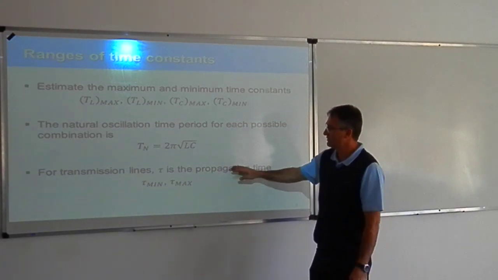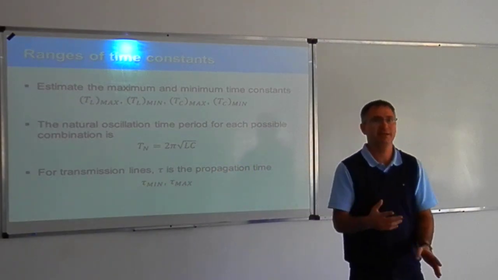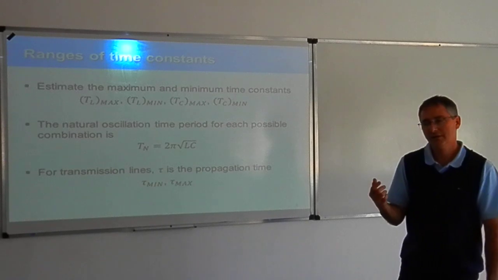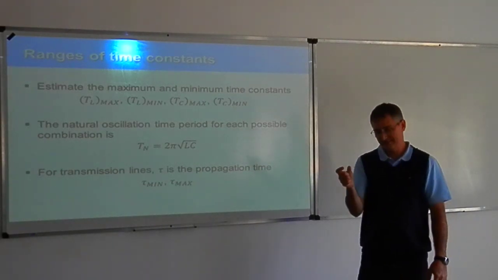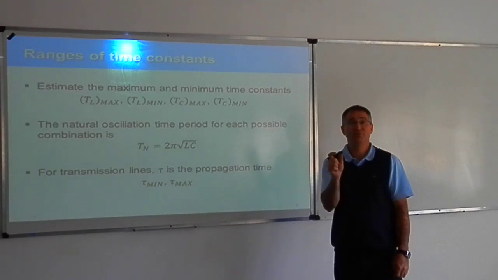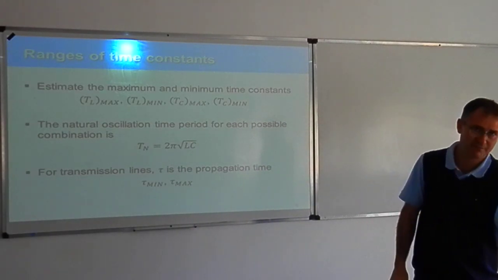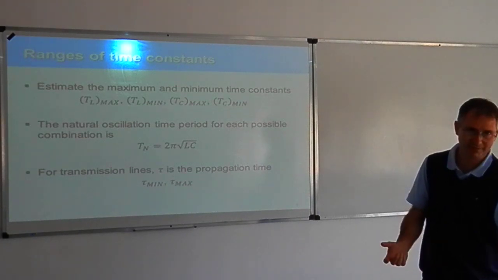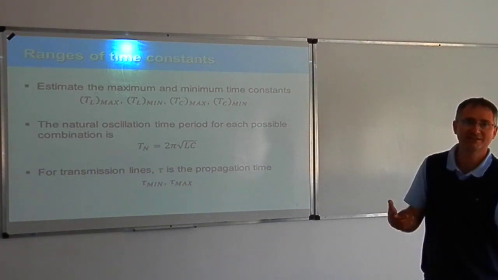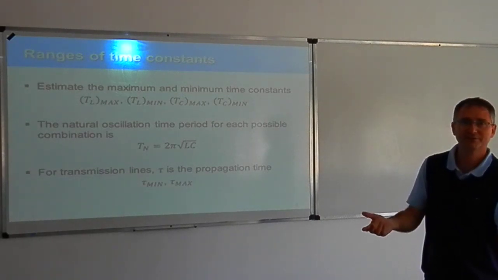If you have transmission lines, you can take into consideration the propagation time of that line, because in that case, the selection of the delta t has to be smaller or equal to the minimum propagation time. Otherwise, you're not able to see the reflections of voltage and currents from the sender and receiver of the line.